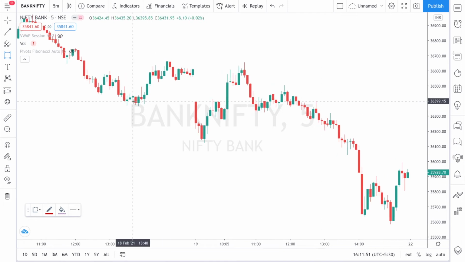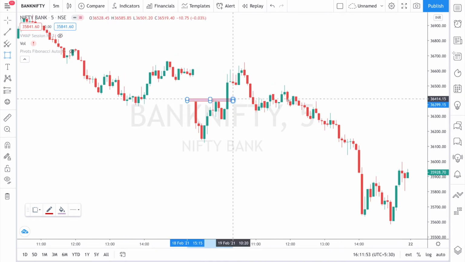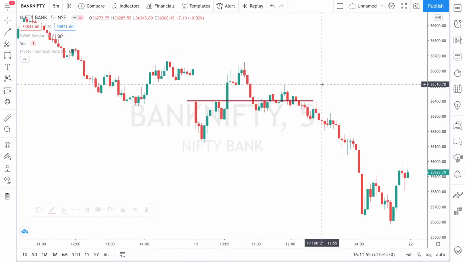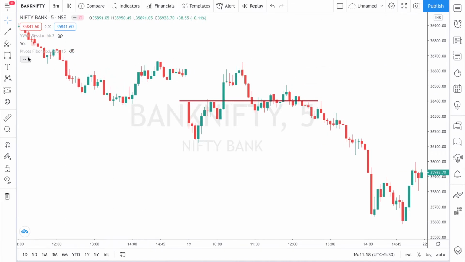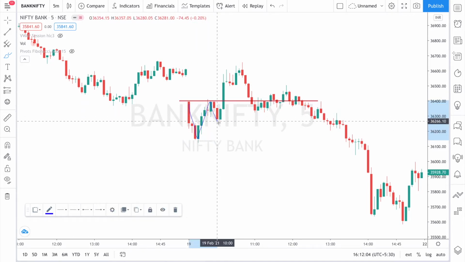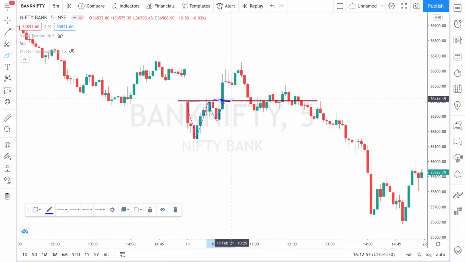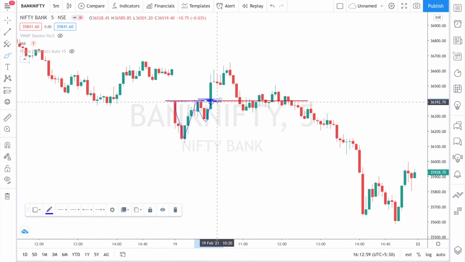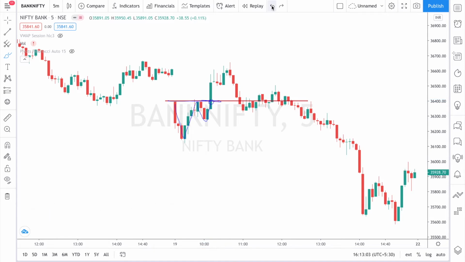Now I wanted to show you a small breakout level. If you are an intraday trader, I could have traded this too. Today this is a very good setup at this breakout. At this point, this is the time where we go long, because the setup is saying there is a breakout.